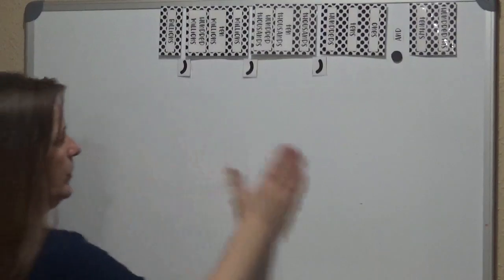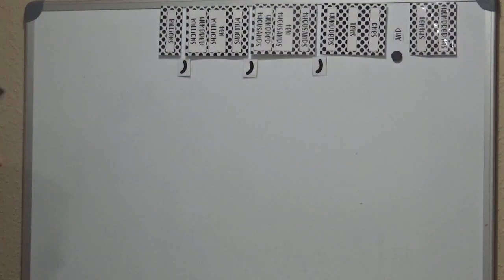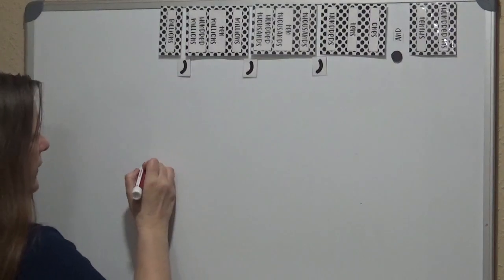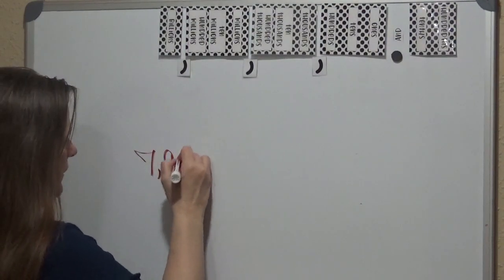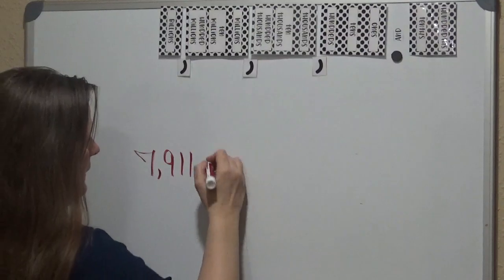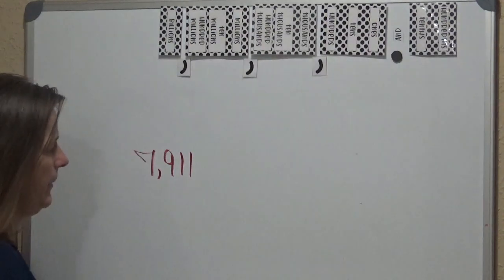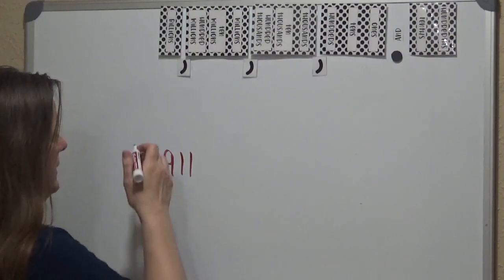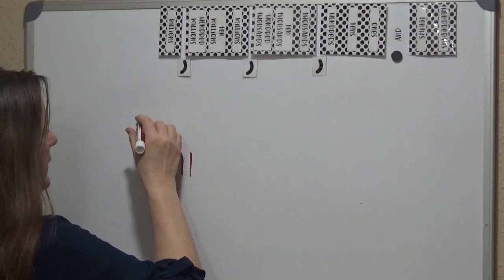Sometimes you'll see where they're comparing 4 numbers. So let's see, we'll say 7,911, and then they're wanting you to compare it. And sometimes they'll be saying that you have to order it from least to greatest. So I'm going to go ahead and write some other numbers.